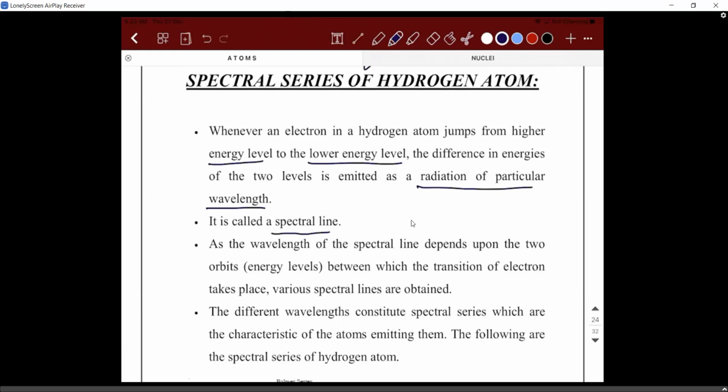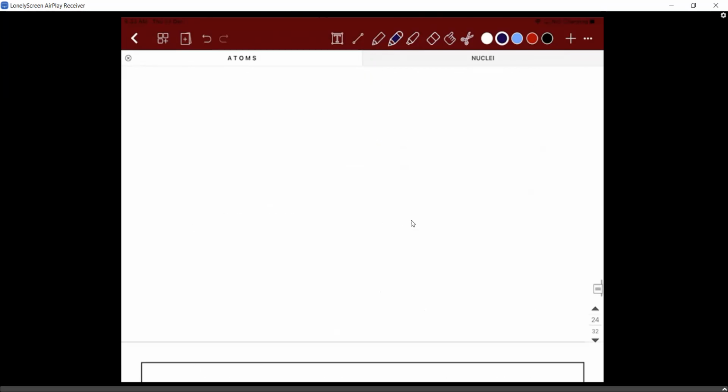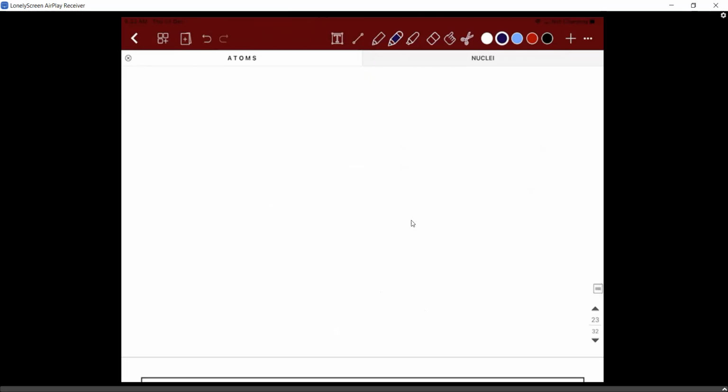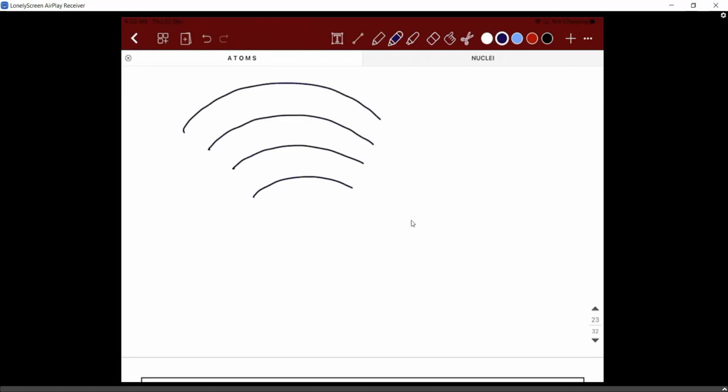Let me explain what it means. Just now we saw one concept. What is the derivation that we saw? The energy of an electron in the nth orbit. Let's say there are multiple orbits. What is the formula for the energy of the electron in the nth orbit?